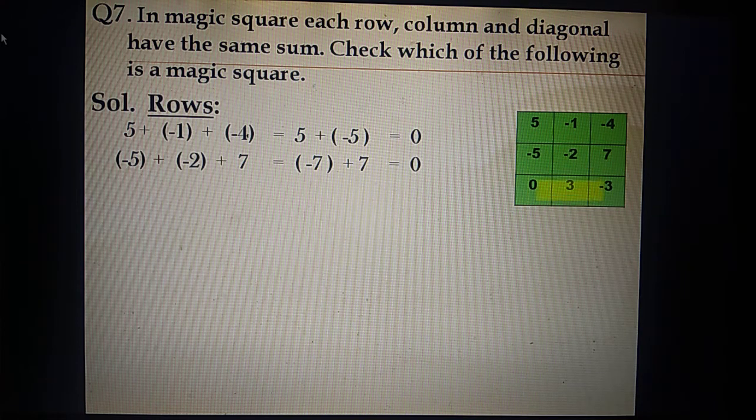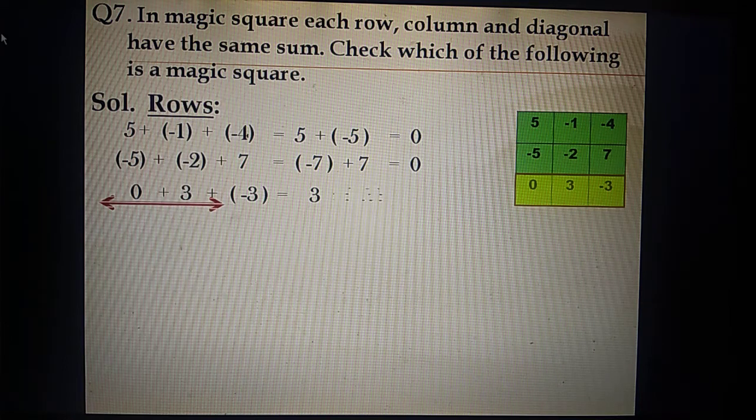Moving to the third row, add all the values. 0 plus 3, a number. Whenever we add a number to 0, you get the number itself. Followed by minus 3, same value, different sign, answer is 0. Here you can see all the three rows have the sum 0.